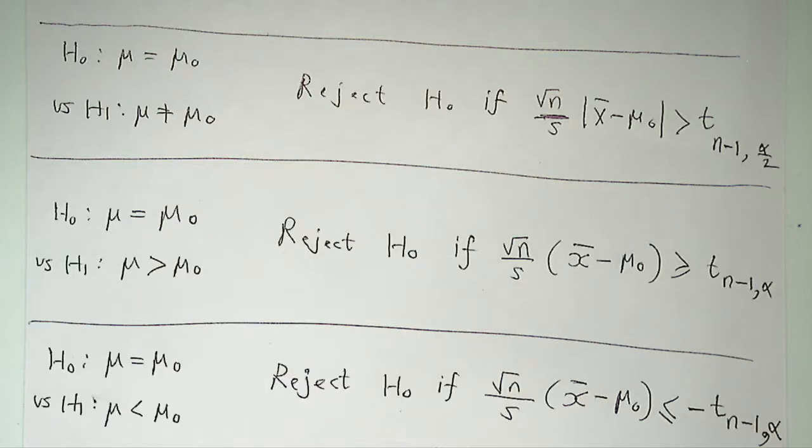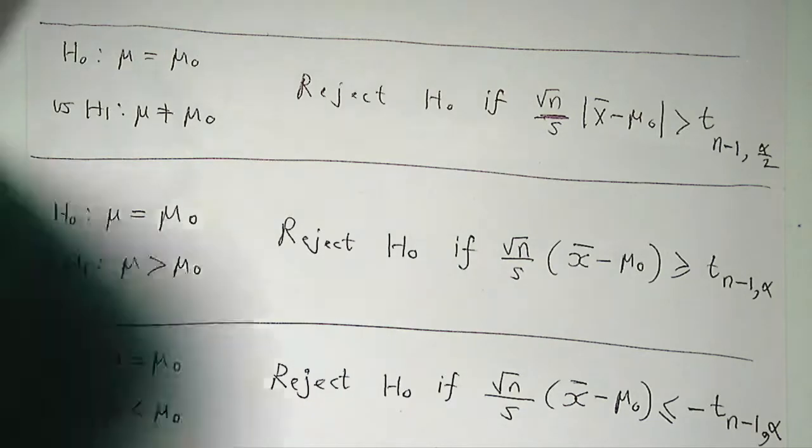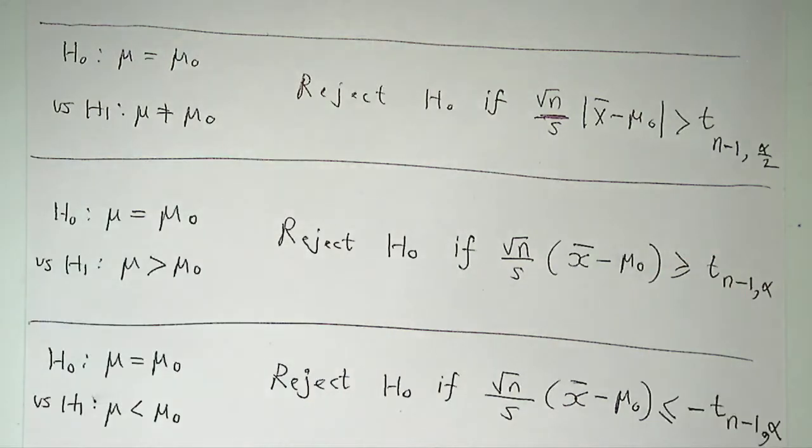Now, you may ask me where these rules come from. I mean, how did I get these formulas, or these rejection rules? Now, do you guys remember last week that I talked to you about something known as the Neyman-Pearson test?